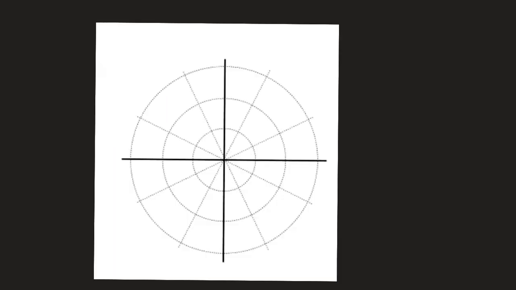So polar coordinates use the rectangular coordinate plane. We're going to sketch the point or curve of polar coordinates on the rectangular plane. First, the horizontal line is going to be the x-axis. The vertical line is going to be the y-axis. Each circle and line represents an angle or a radius. So first, guys, look at the angles first.